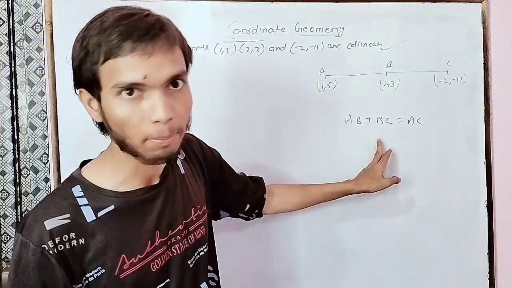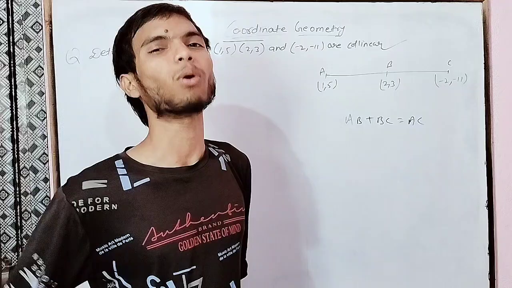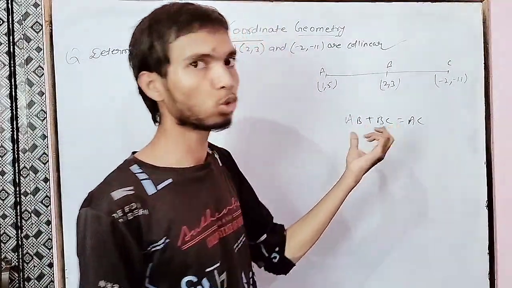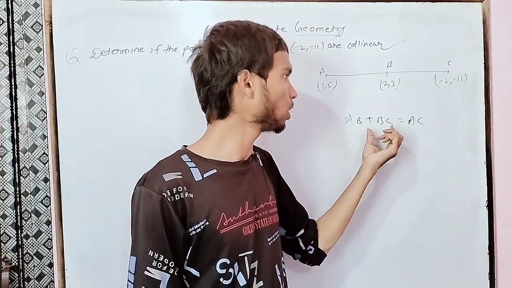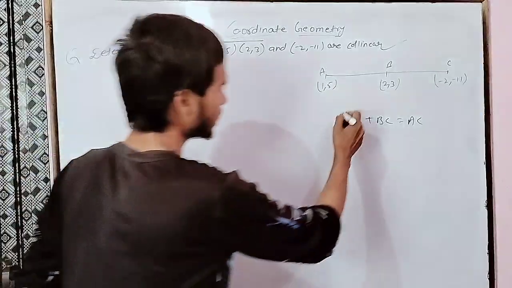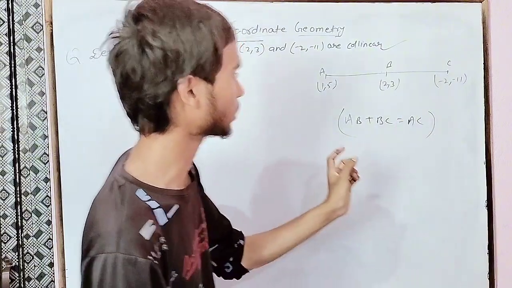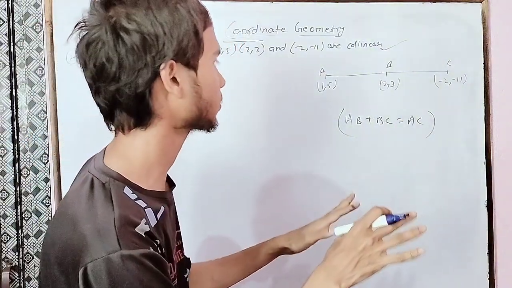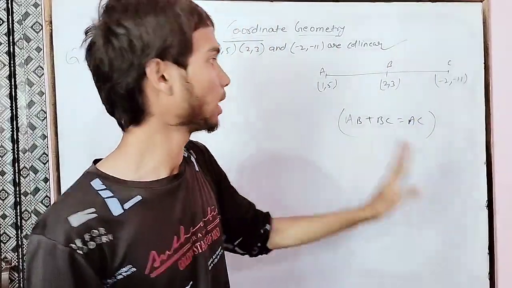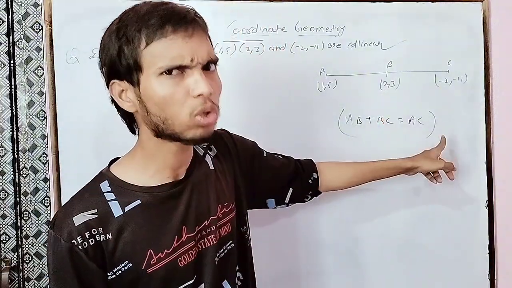If this happens, then we can say all 3 points given to us will be collinear, in a straight line. So when the sum of these two distances is equal to AC, so first you find the distance between AB and then the distance between BC, then add them, then find the distance between AC, and observe whether the sum of these is equal to this.